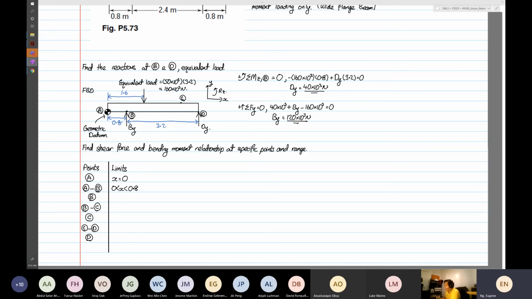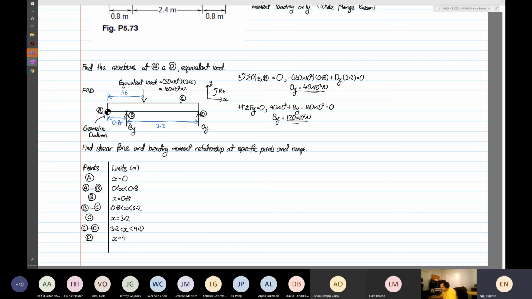At point B, x is equal to 0.8, and as we know, everything is in meters. Then from B to C is 0.8 to 3.2, our range between B and C. Then at point C, x is equal to 3.2, and C to D is x from 3.2 to 4.0. And at point D, x is equal to 4.